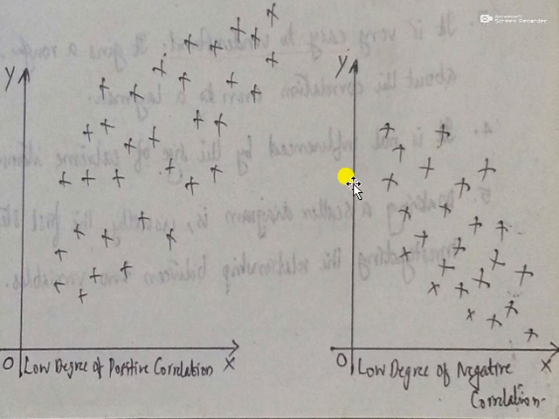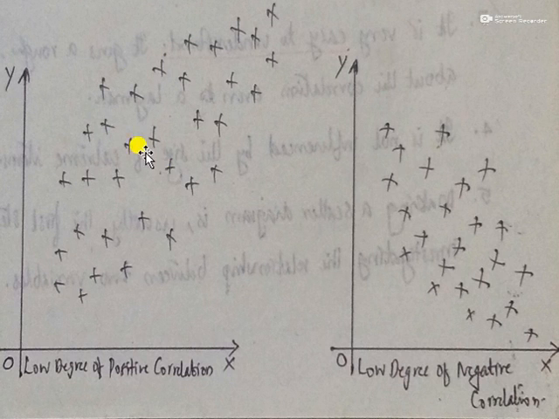See another case. Here the direction is positive, that is moving from left bottom corner to the right upper corner. But all the points are lying on a wide width, a wide band, not narrow, not on a line, and not within a narrow band.